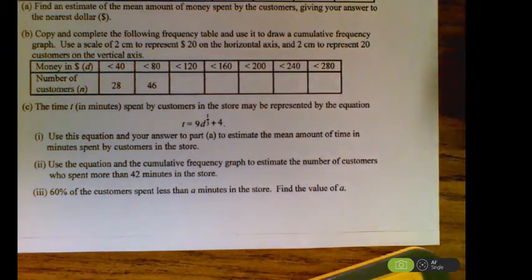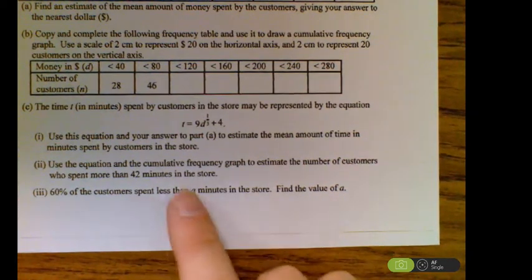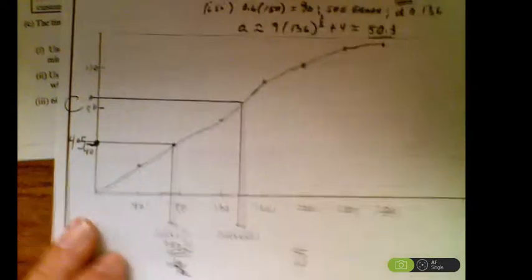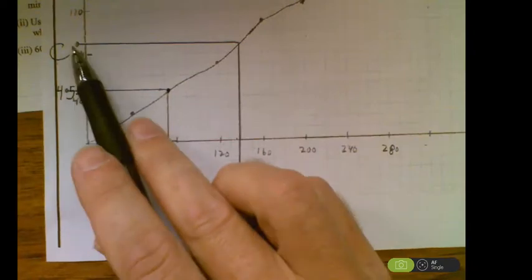For this one, 60% of customers, so that was 90 customers, and because it said less than A, that means I'm talking about the first 90 customers, the bottom 90, not the top 90. So I'm looking at the bottom 90 customers, or the first 90 customers, and if you see on the graph, that's what you're seeing right here with this line.